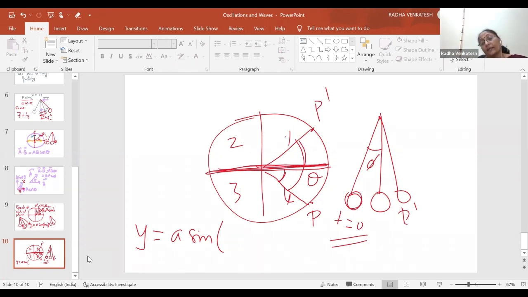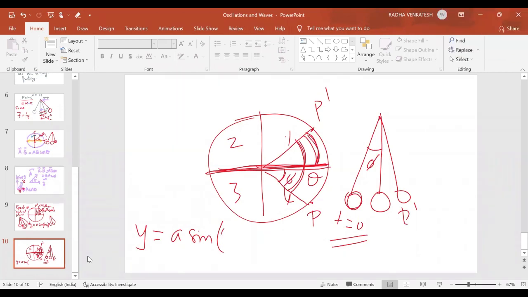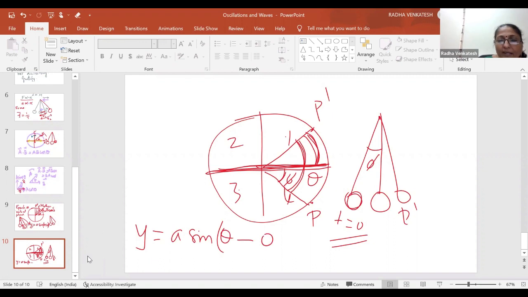I want only this angle. The whole angle is theta, this angle is phi. What will this angle be? Theta minus phi.